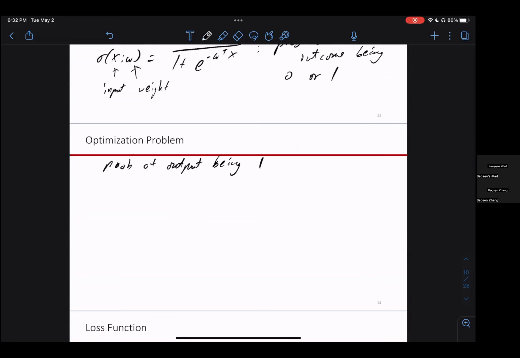It's either 0 or 1. So let's say the probability of being 1 given some x. This is just what we have at the bottom. You evaluate whatever this is, and you declare this a probability.